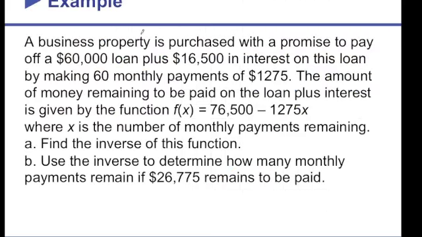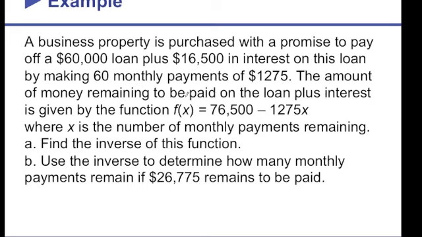A business property is purchased with a promise to pay off the $60,000 loan with $16,500 in interest on the loan by making 60 monthly payments of $1,275.